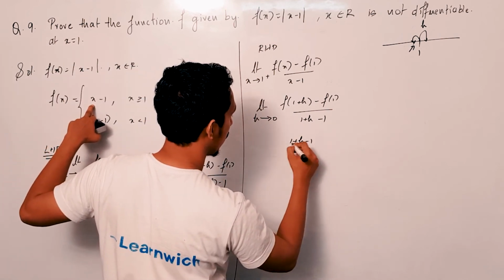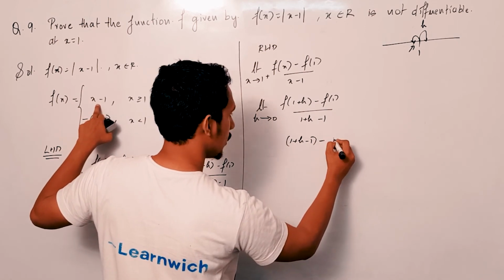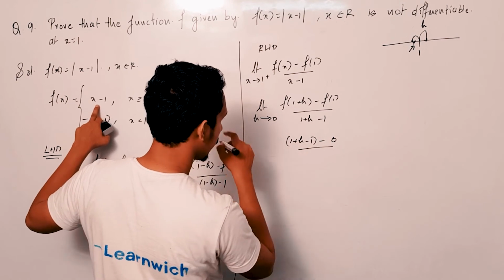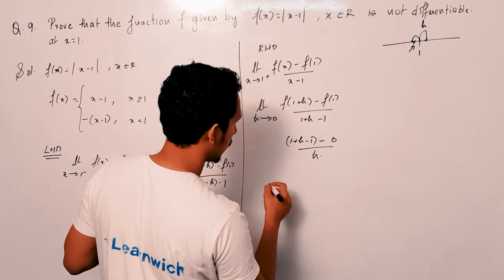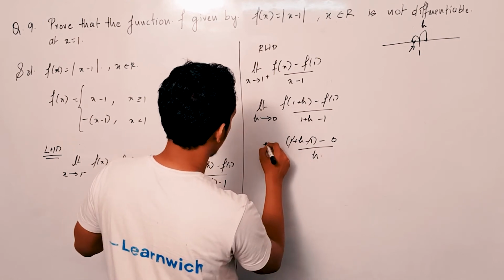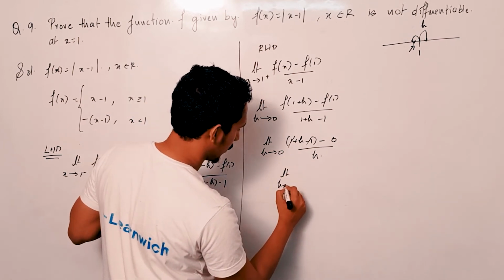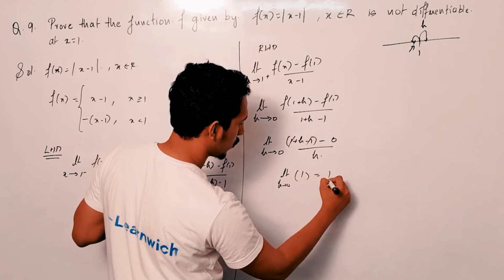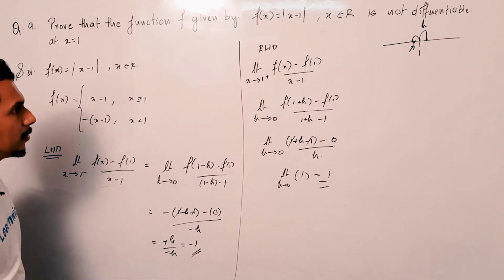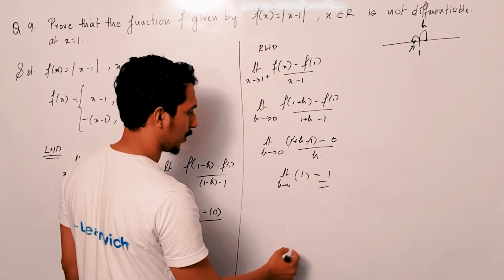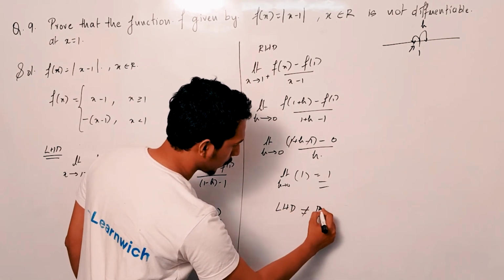So it is 1 plus h minus 1, minus f of 1, which is 0, divided by h. Here limit h tends to 0, h by h is 1, so your answer is 1. So for the left hand derivative you have minus 1, right hand derivative you have plus 1. That is two different slopes. So left hand derivative is not equal to right hand derivative.